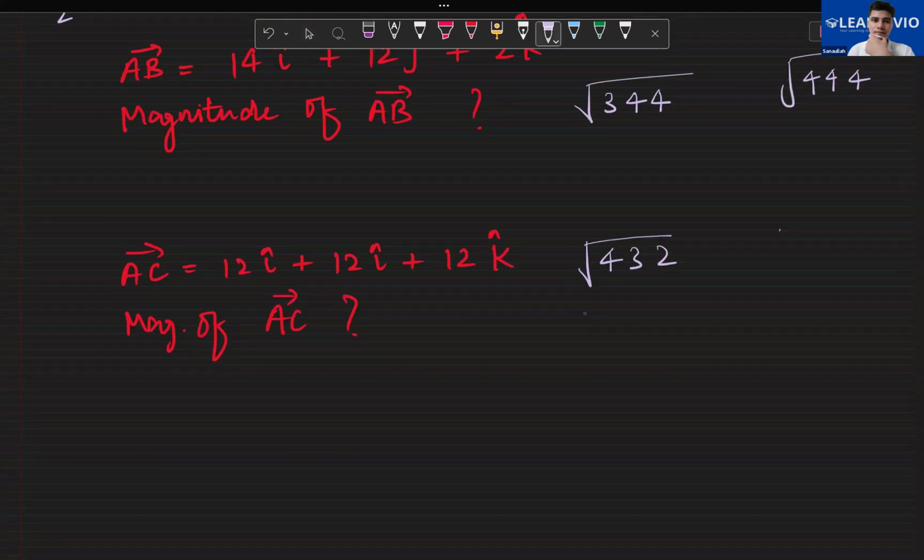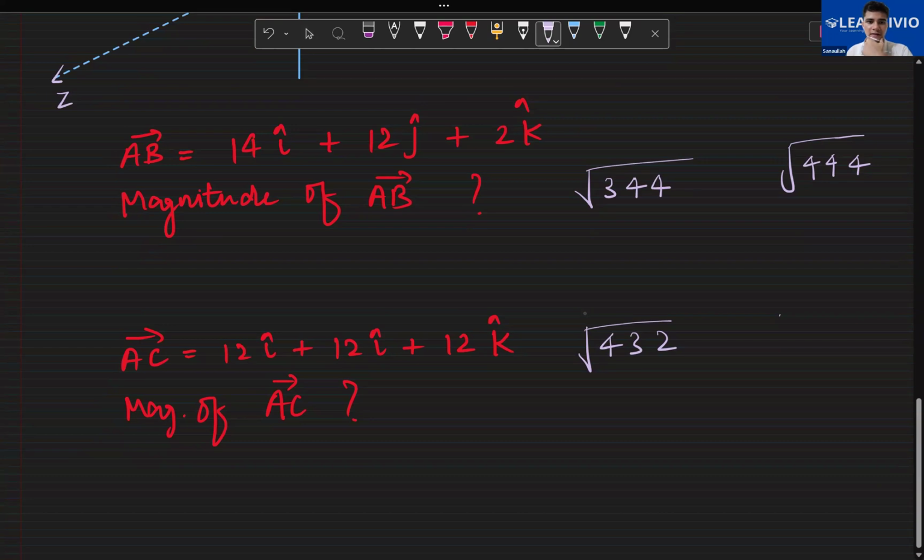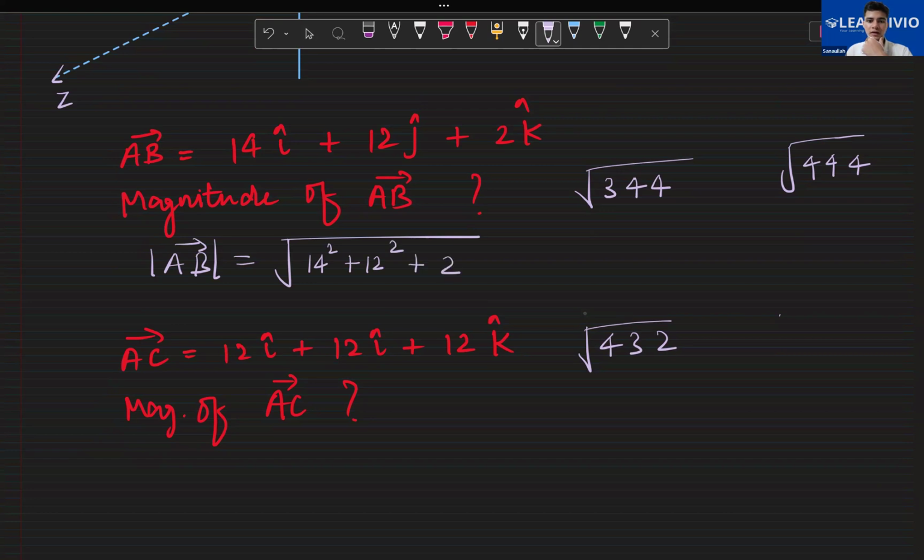All right. See, in the first question, you have to find the magnitude of AB vector. You have to use the distance formula. So this is 14 minus 0 square, that is 14 square, 12 square, and 2 square. What is 14 square? It's 196, sorry, I thought it was 24. Thank you for the correction.